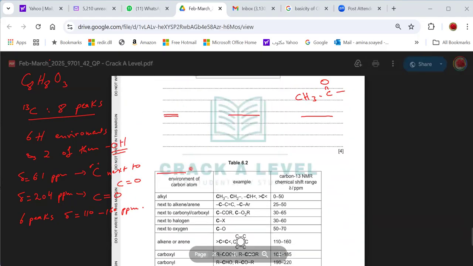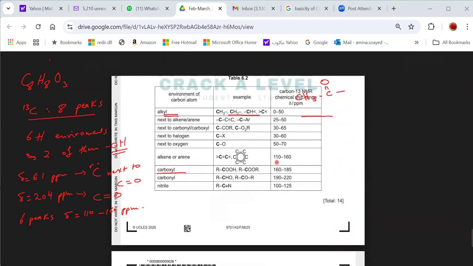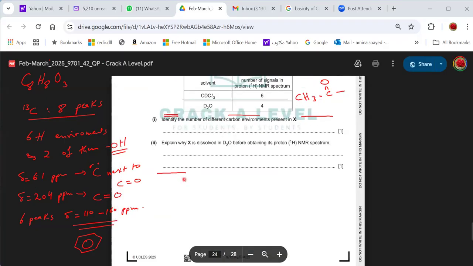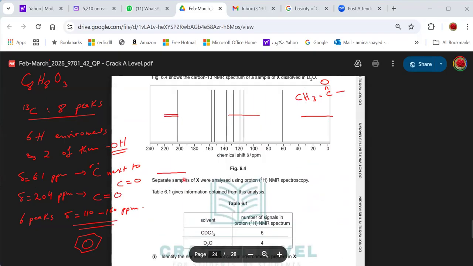So we see that between 110 and 160, we have the peaks of alkenes or arenes. Arenes, because they said that we are having an aromatic compound. So this means that these 6 peaks are present in the benzene ring, because at the beginning they told us that our compound is an aromatic compound, right?